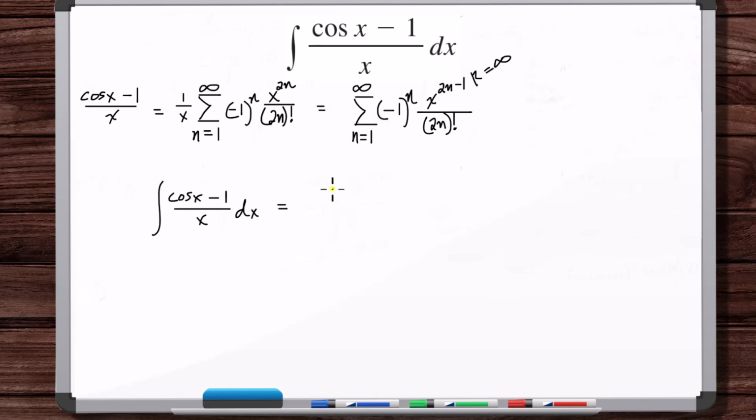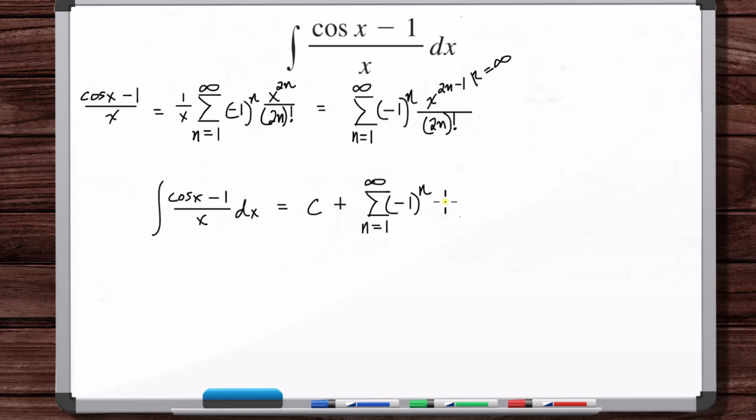is, so, okay. Let's put the c. All right. Minus 1 to the n, and then 2n minus 1 plus 1 is x to the 2n, and then we'll have, so it's going to be, yeah, x to the 2n over 2n.